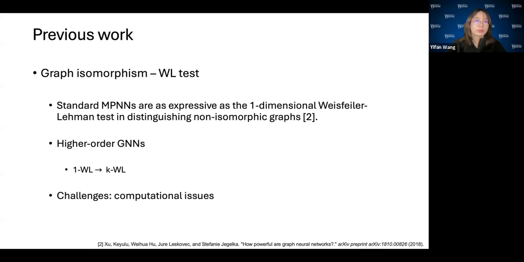Therefore, to improve the expressiveness, some research proposed higher-order graph neural networks to go beyond this limitation.